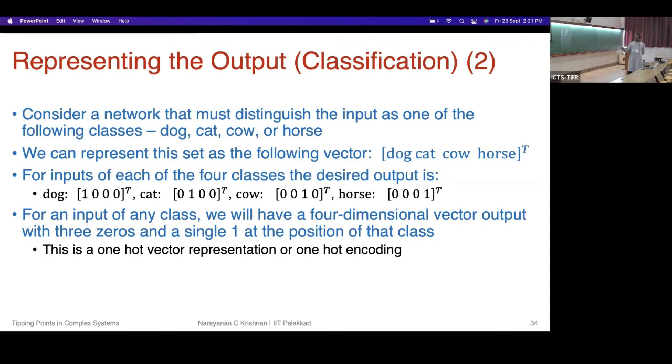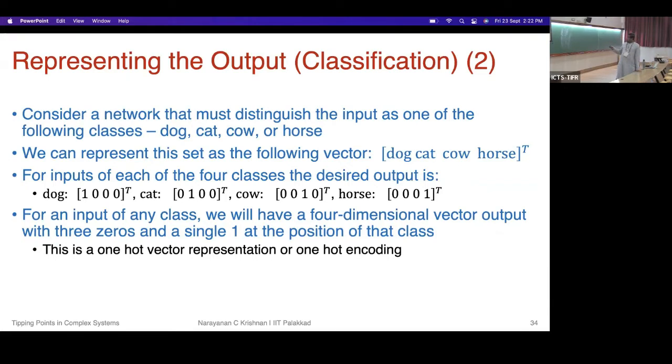If it belongs to the cat class, the second index is 1, the rest all are zeros, and so on and so forth. So basically, we are using unit vectors of 4 dimensions to represent these 4 classes, right? And here too, you can actually give that probabilistic interpretation, right? The probability of the data point belonging to the cat class is 1, the rest all probabilities are zeros.